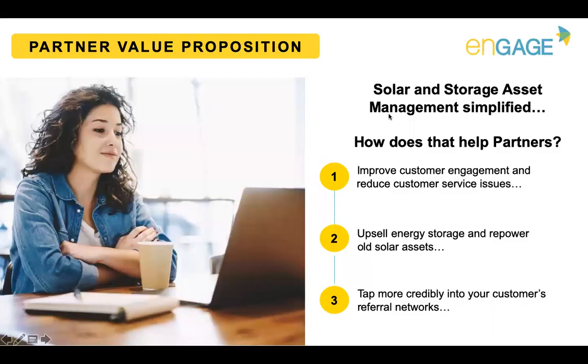So that's allowing, of course, our partners this single platform to keep track of their projects. And so the value proposition really is to simplify the asset management for such projects, especially when you're adding storage. And even without storage, solar is not easy to get done.